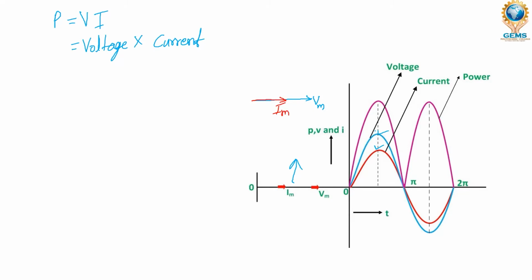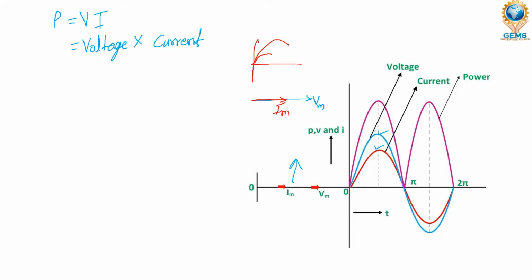You will understand what in phase means in the next topic. When the voltage starts here, the current also starts here. This we say is in phase. So voltage and current are in phase in resistive networks.